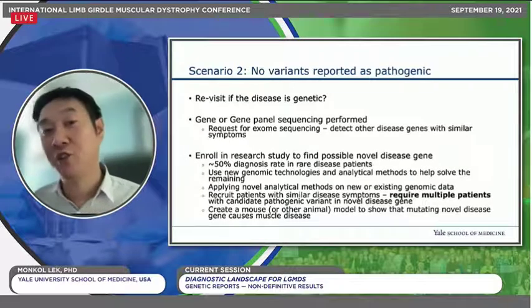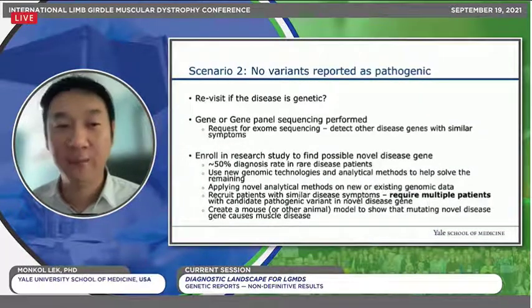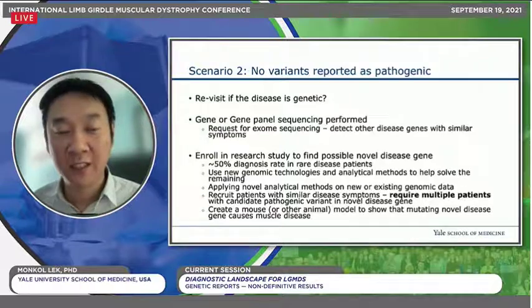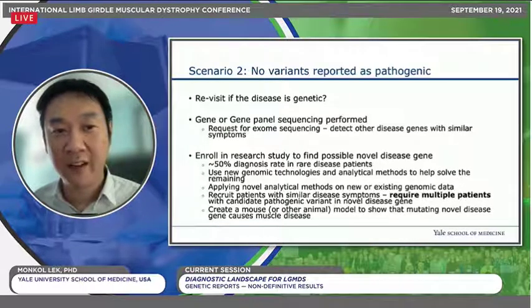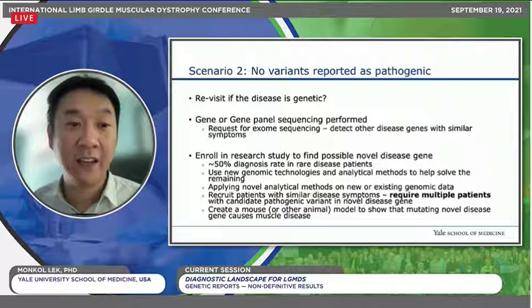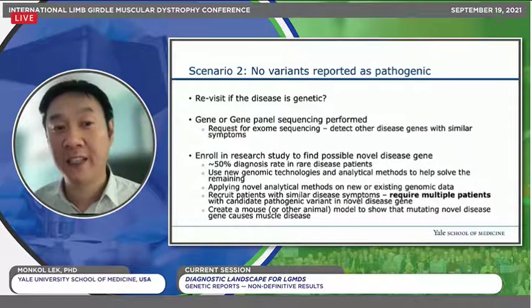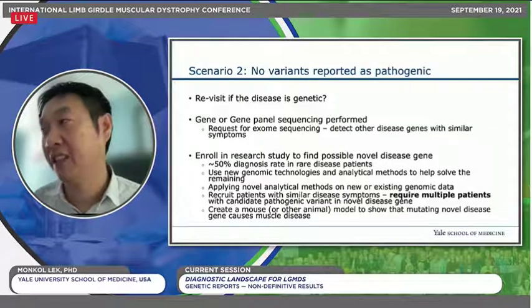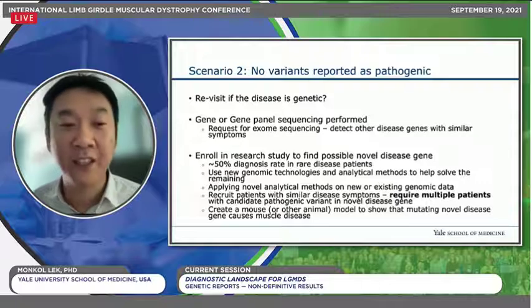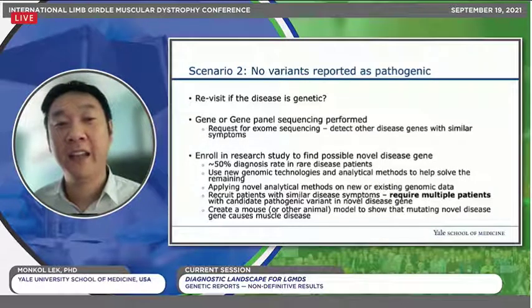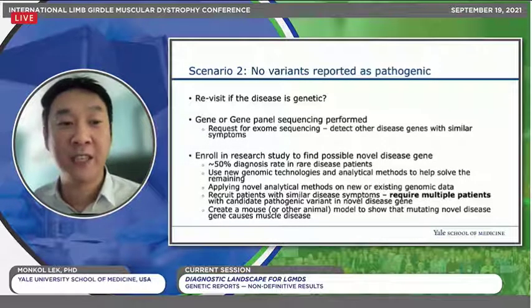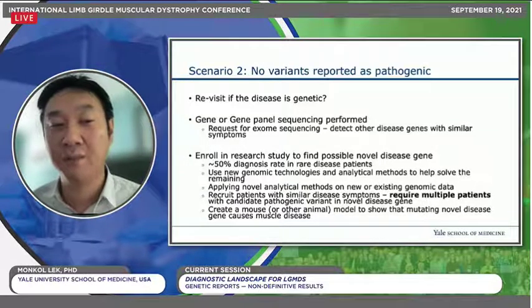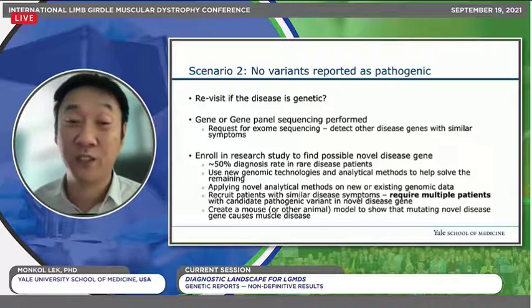While in scenario 2, where you have no variants reported as pathogenic, one case that patients and their physician need to revisit is: is the disease actually even genetic? So we have a patient in this session who will talk about their story in terms of this. Next, if you only had gene or gene panel sequencing performed, then you can request exome sequencing.